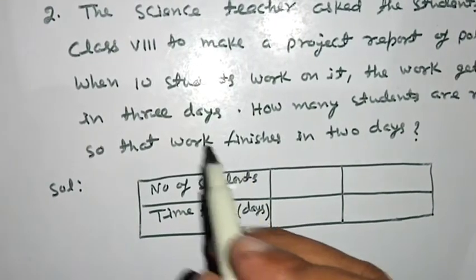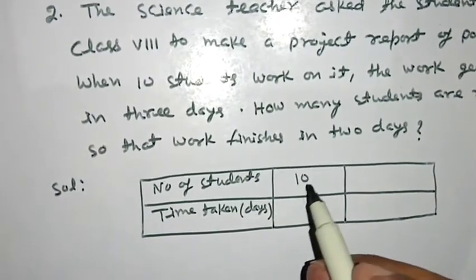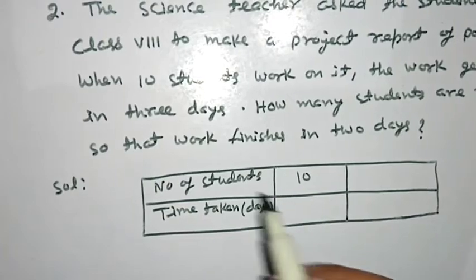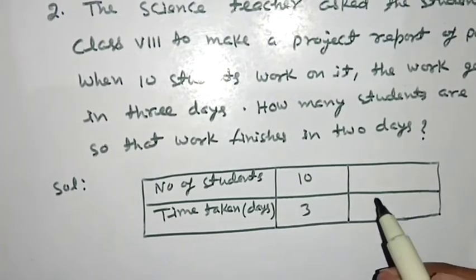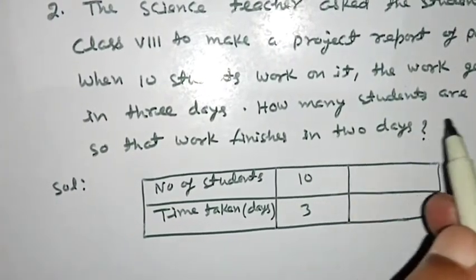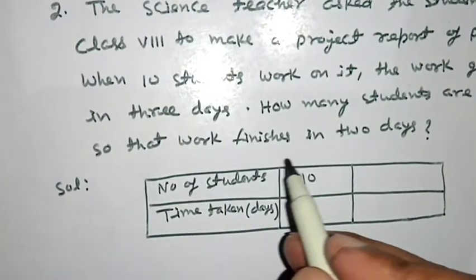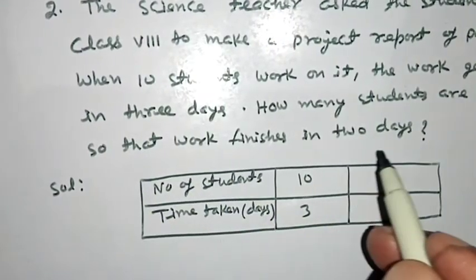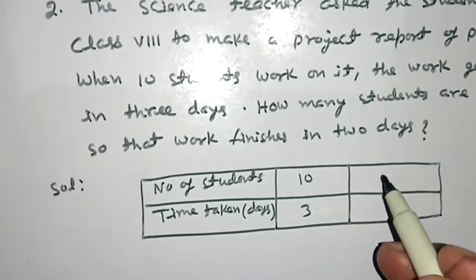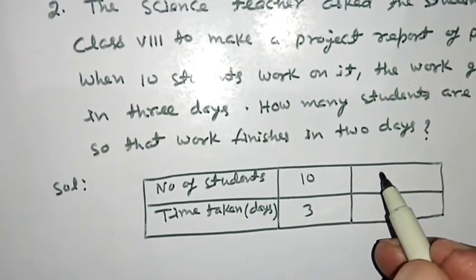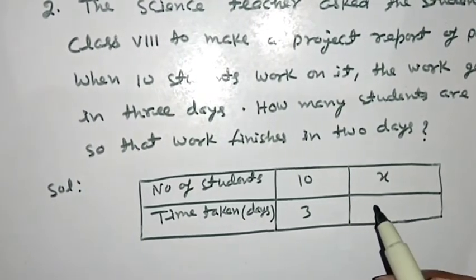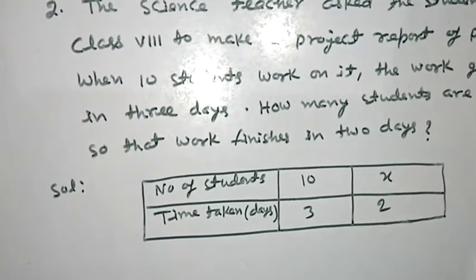When 10 students work, it finishes in 3 days. How many students are required so that work finishes in 2 days? Let the number of students be x. Work finishes in 2 days.